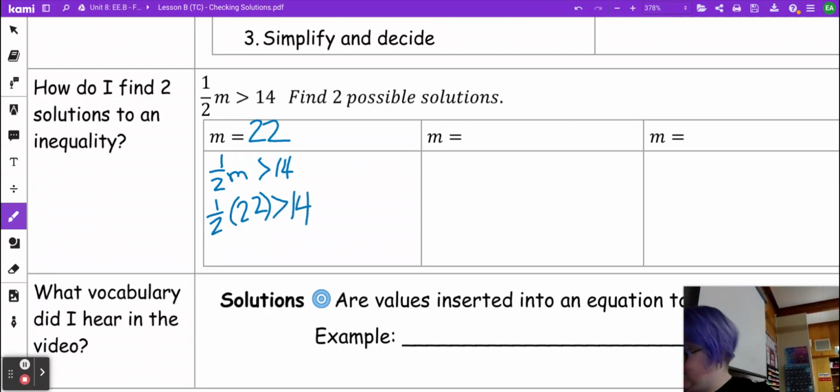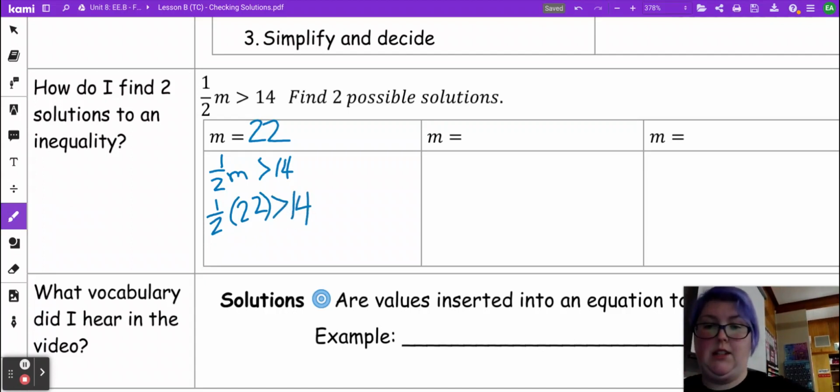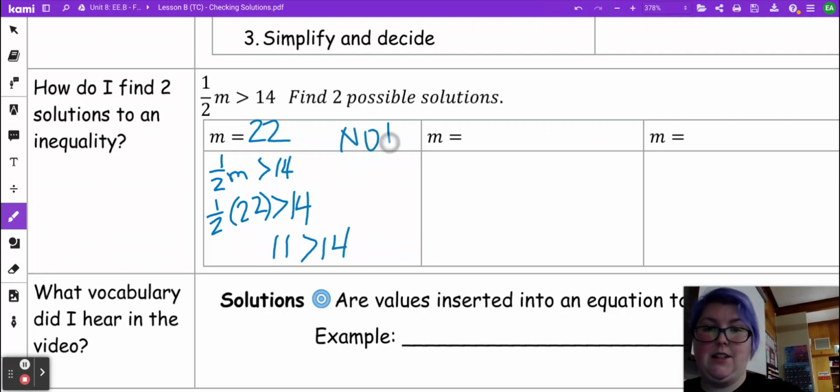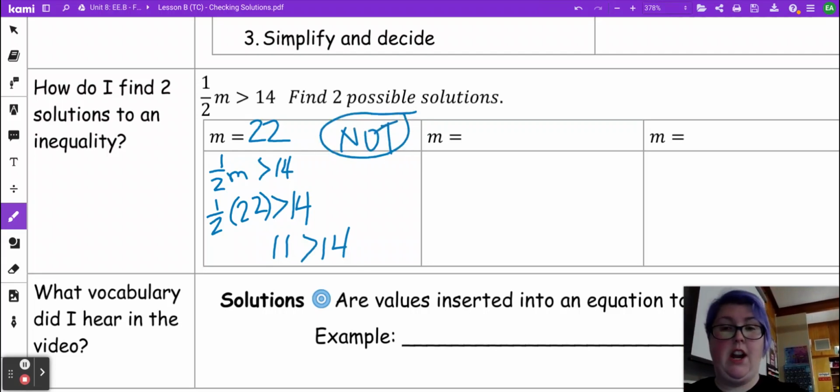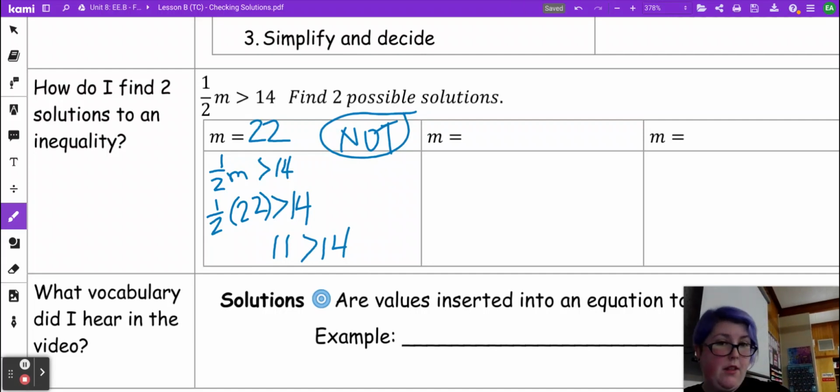And when we divide 22 by 2, we get 11 is greater than 14. This is not true, so this is false. All right, so we know it needs to be bigger than 22. What about 30? Let's just make it really, really big.